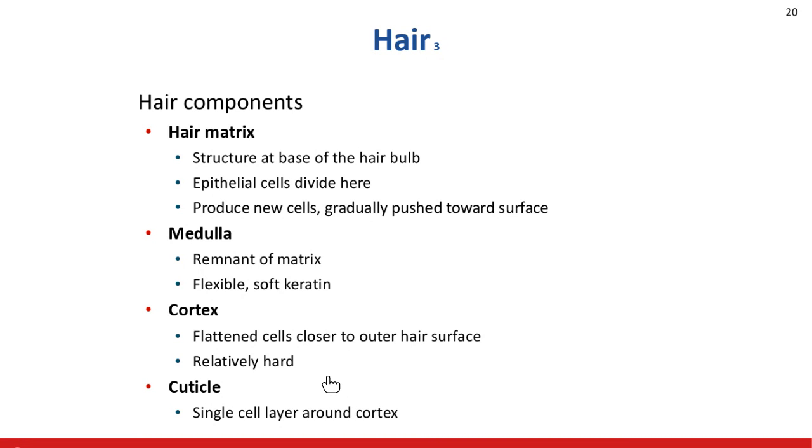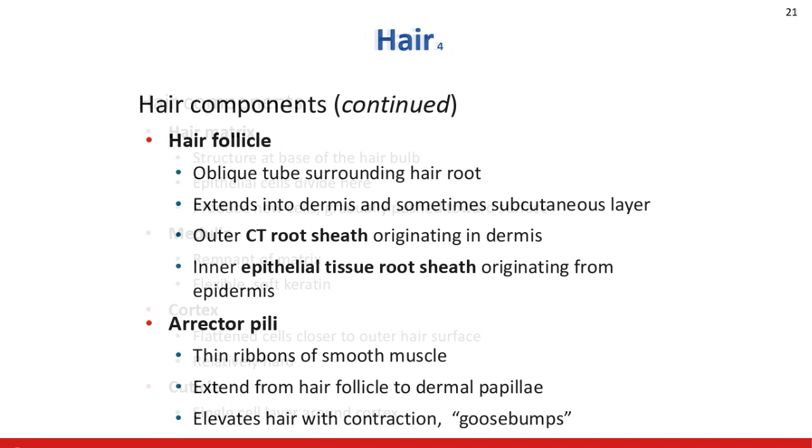The cells divide there, but once they divide, they get pushed towards the surface, so they're not like stem cells. Keep in mind, it's the cortex that gives hair its structure. It gives it its firmness, so the hairs kind of stand up a little bit.